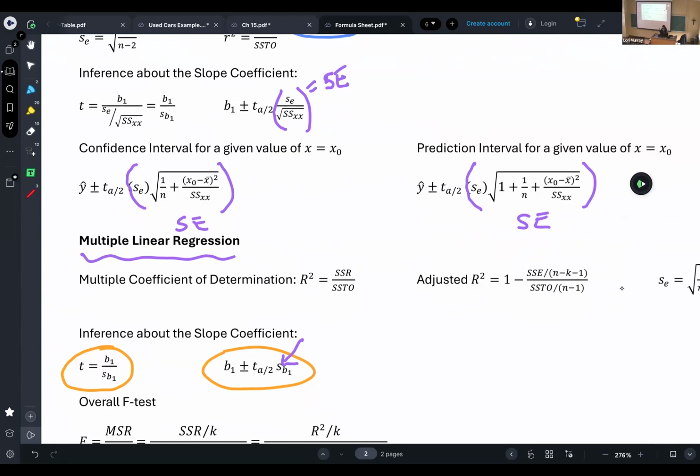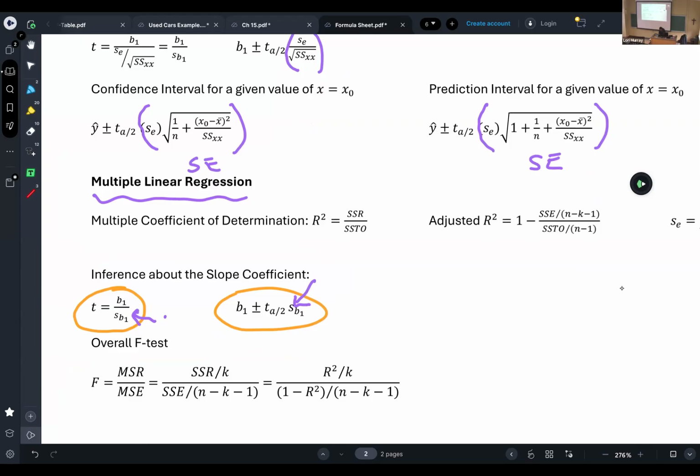So all you need is that number to go get your t, and you can come up with the test statistic. You know the coefficient because it comes out in the Excel output, and you know the standard error comes out in the Excel output. So that S subscript B1 is the standard error. Okay.